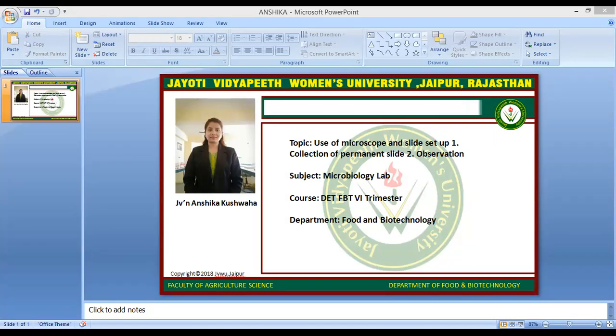The resolution power of the unaided human eye is about 0.2 mm. Light microscope is about 0.2 micrometer. Electron microscope is about 0.5 nanometer. Immersion oil has a higher refractive index than air, hence, use of oil enhances the resolution power of a microscope.